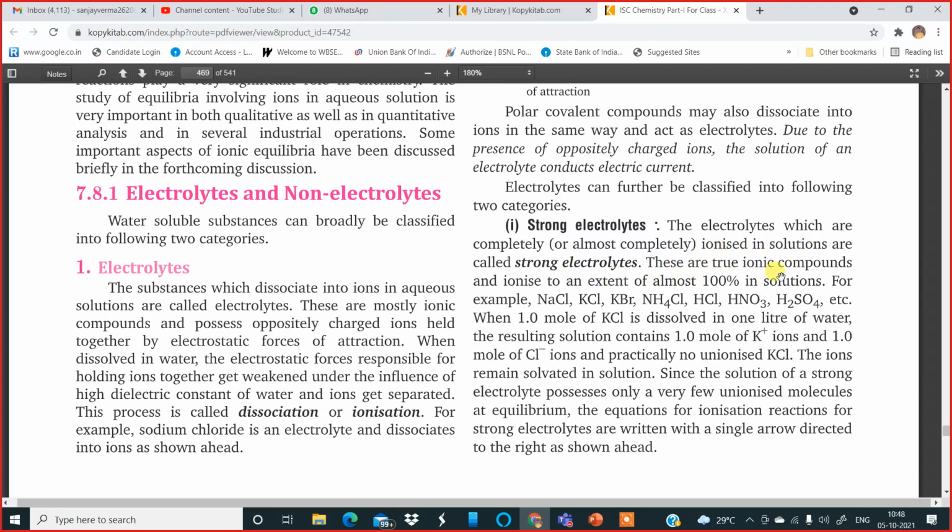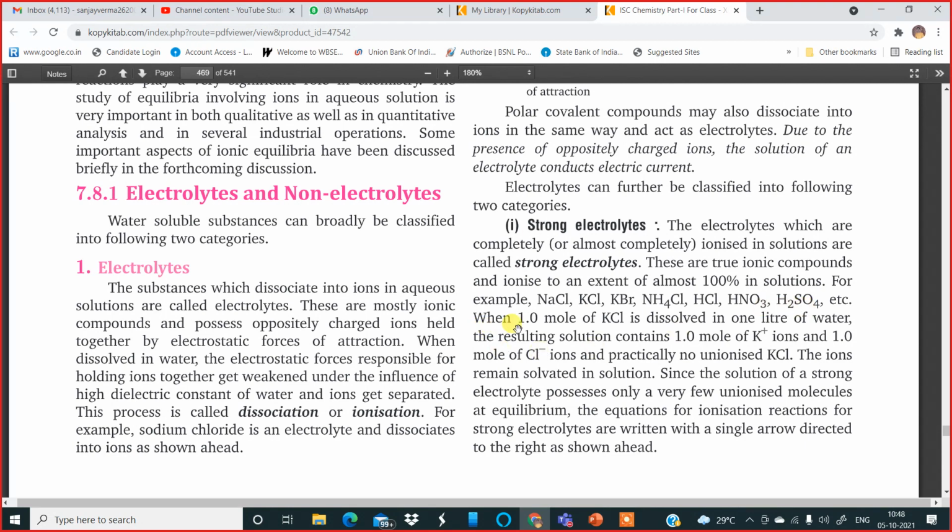These are true ionic compounds, ionized to an extent of almost 100%. Examples are sodium chloride, potassium bromide, ammonium chloride, hydrochloric acid, nitric acid, sulfuric acid, etc.